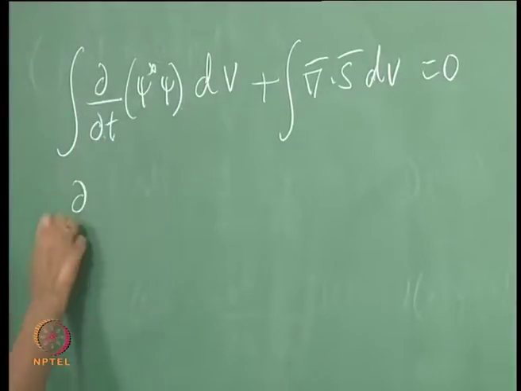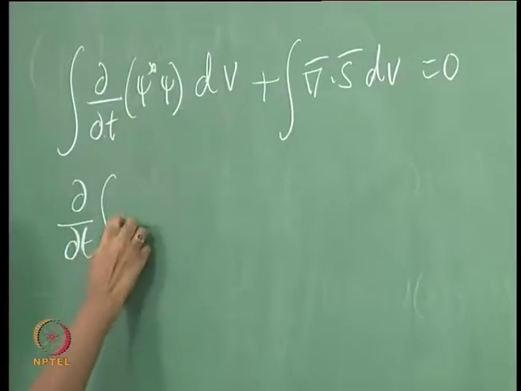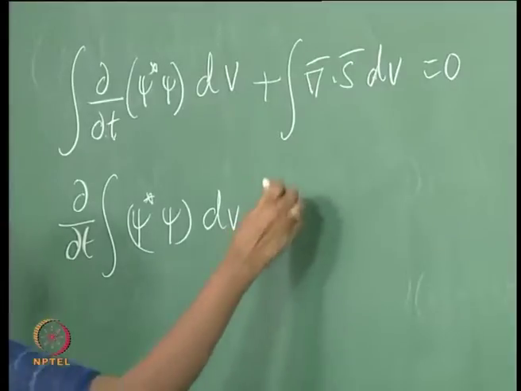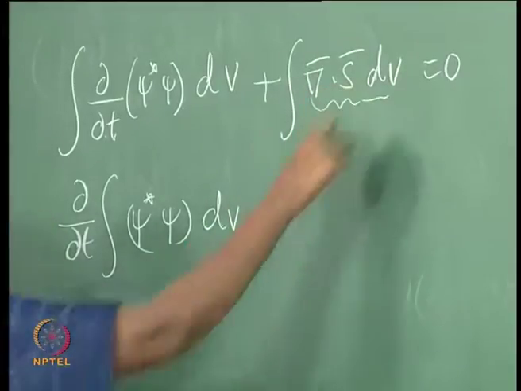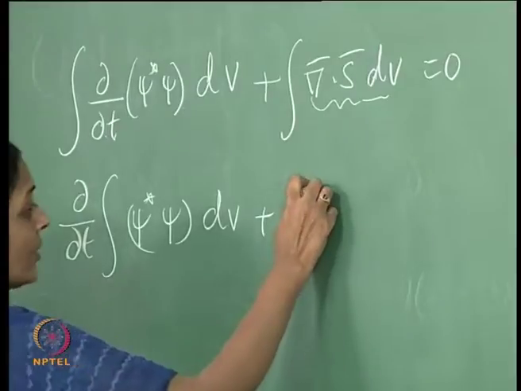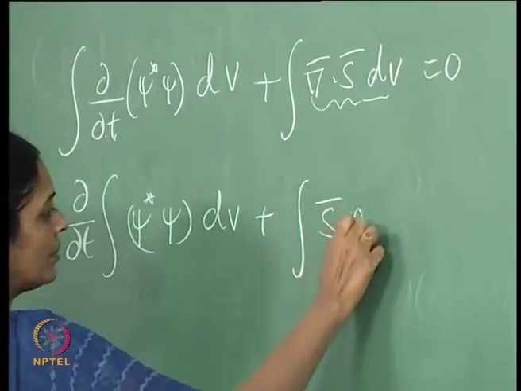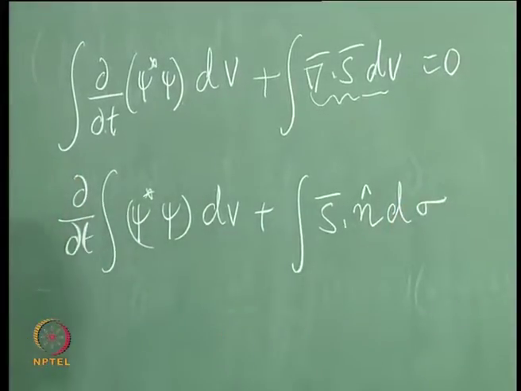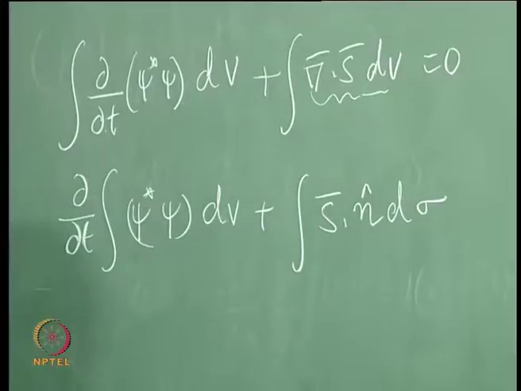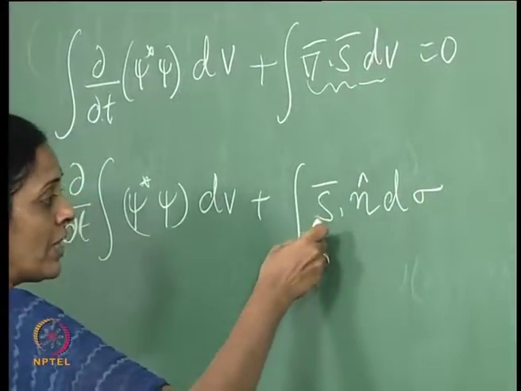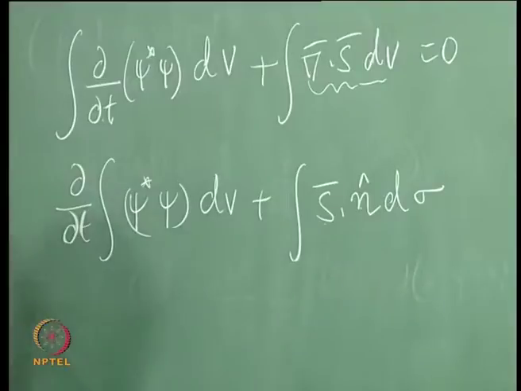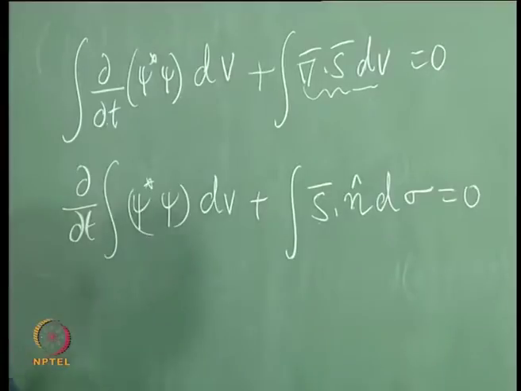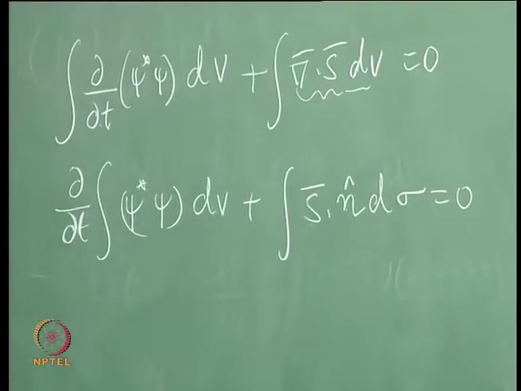I can always pull the time derivative outside, since the integral is over the space, and for this term I can use Gauss's theorem and write it as a surface integral, where d sigma is an elementary surface area, n is the unit normal, and S dot n is the component of S along the direction n perpendicular to the surface. So this quantity is equal to 0.